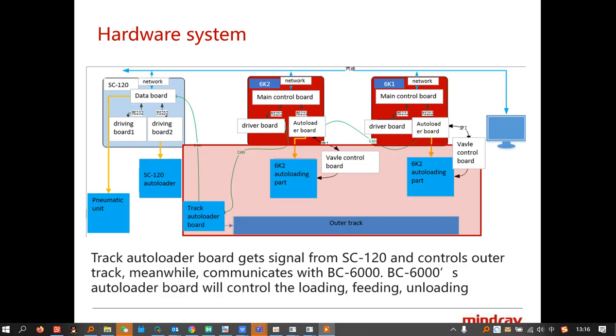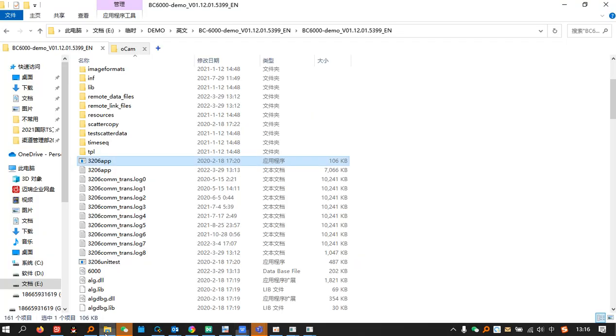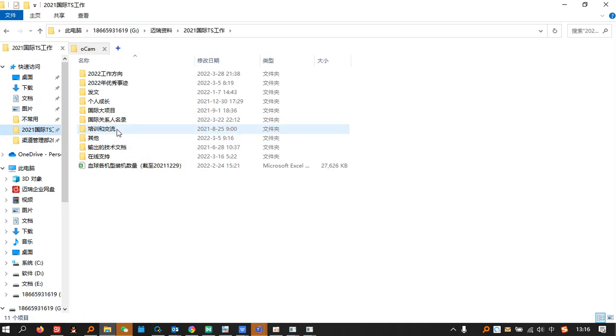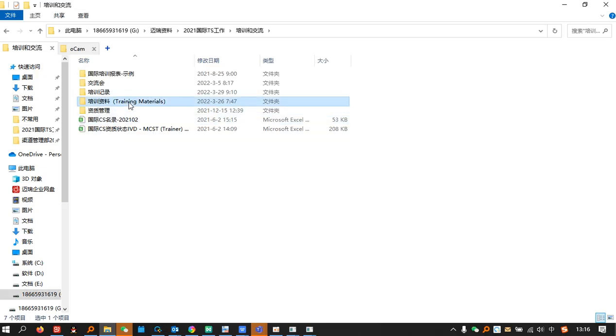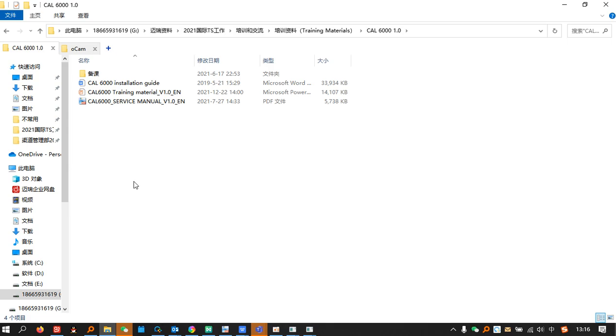Yes, it's clear, Polly. Okay. I don't want to introduce the installation guide, because it is quite similar, except the important point that you need to set the main control board IP address.